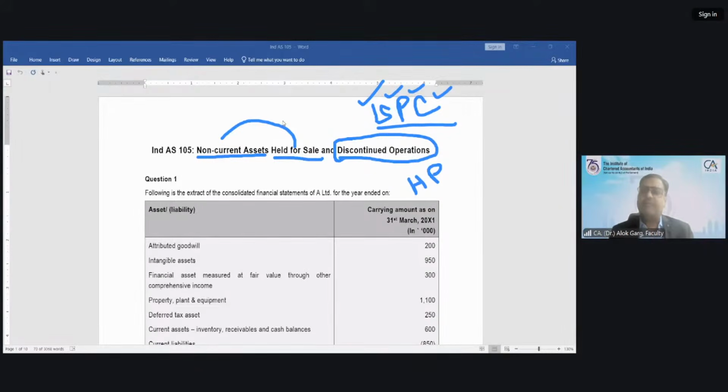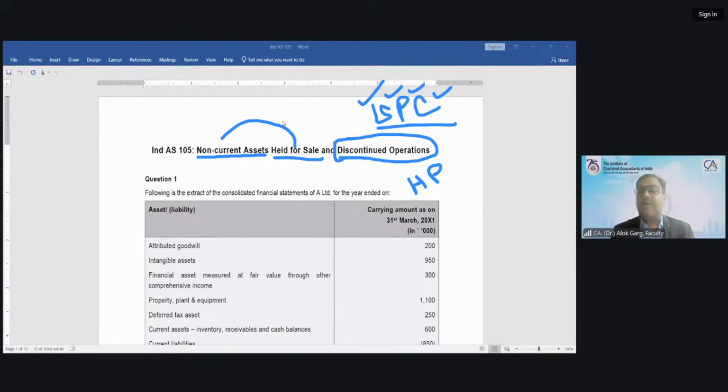Fourth, the sale is likely to happen within 12 months from the date of classification as held for sale, which means this transaction is most likely to be actualized as a sale within 12 months.